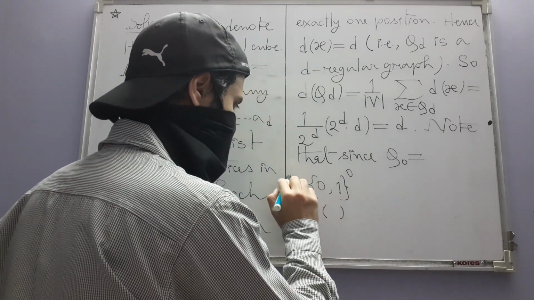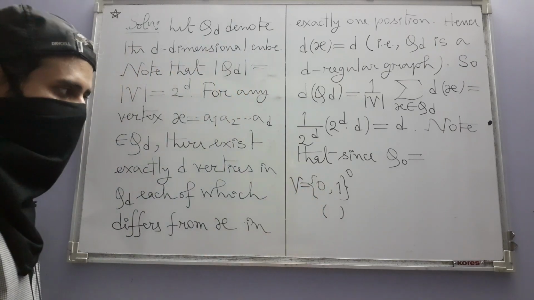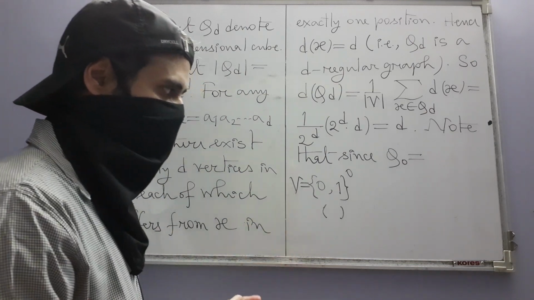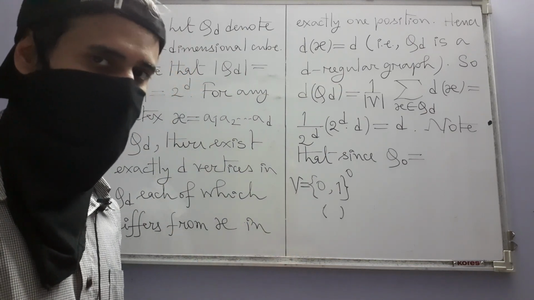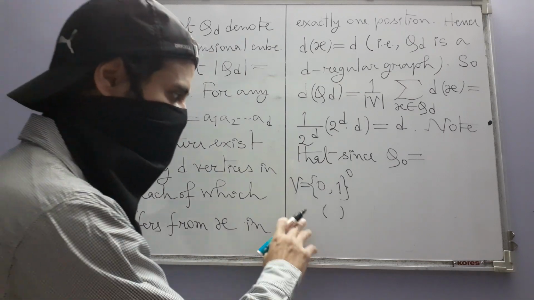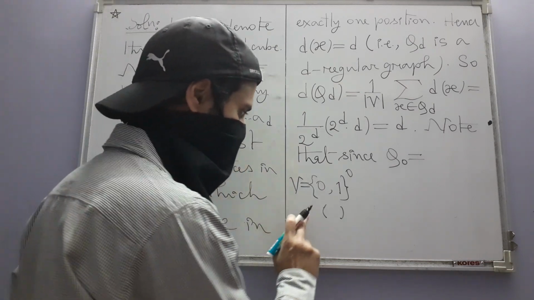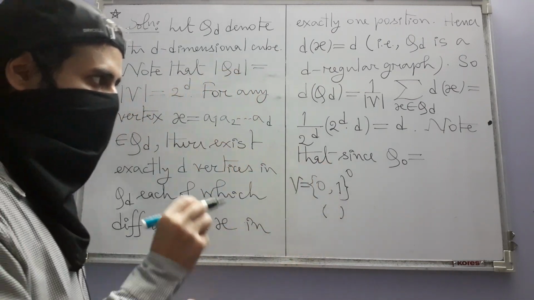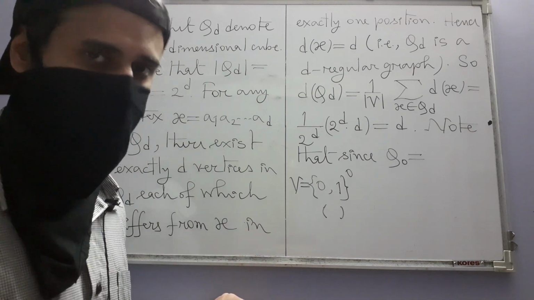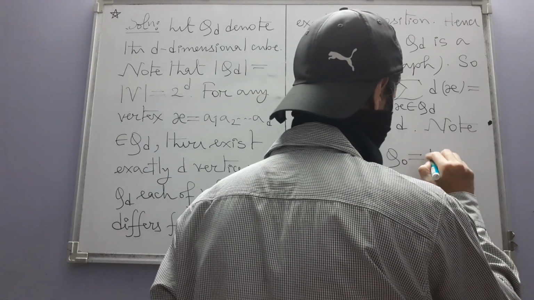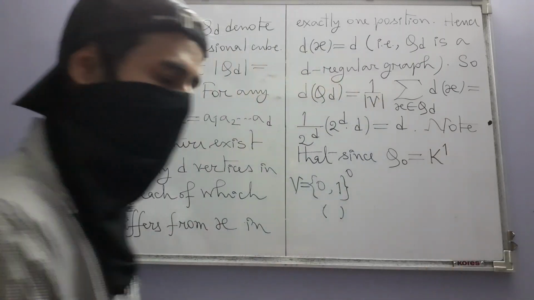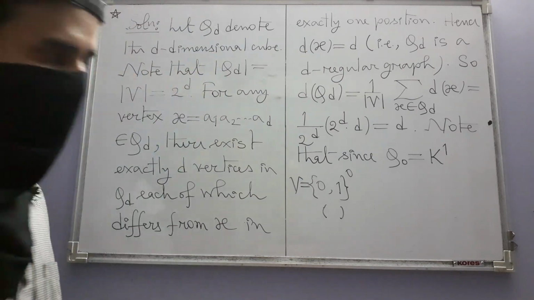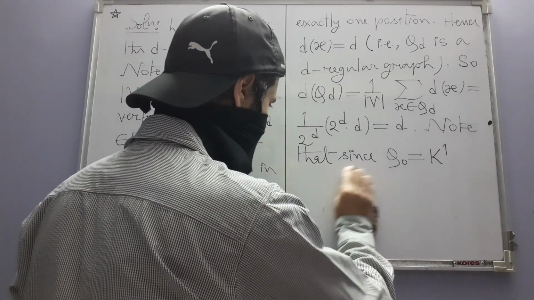If you treat this set V as a Cartesian product, then also there is precisely one element in this, the zero tuple of zeros and ones. Actually in that tuple there won't be anything, but still it exists, and in that case the cardinality of this is 1. So that means in Q0 there is precisely just one vertex and nothing else, which means that it is just K1. Now since Q0 is just K1, we can write down the quantities for K1.